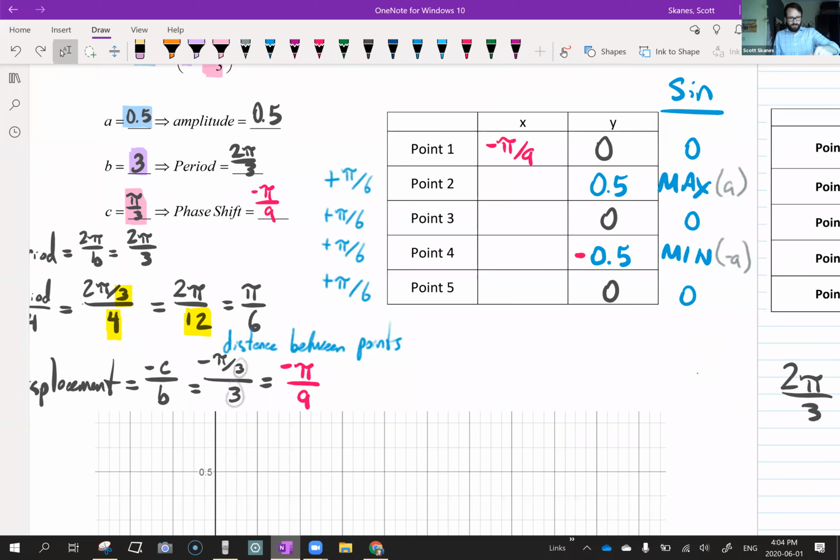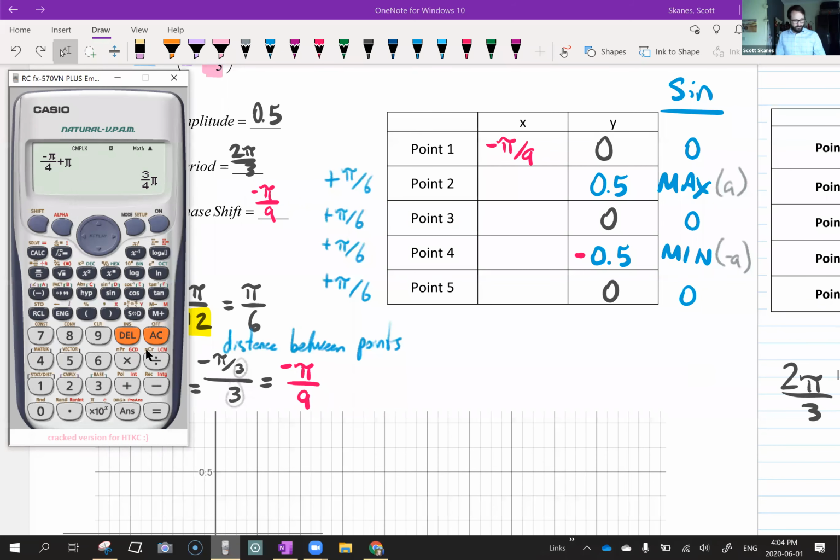What's negative pi over 9 plus pi over 6? Well, let's bring up my trusty calculator. If you're not sure how to do this, you don't even need to use the pi. You can say negative 1 over 9, and you're going to add pi over 6, or the same thing as 1 over 6, and put the pi back in after. So 1 over 18.